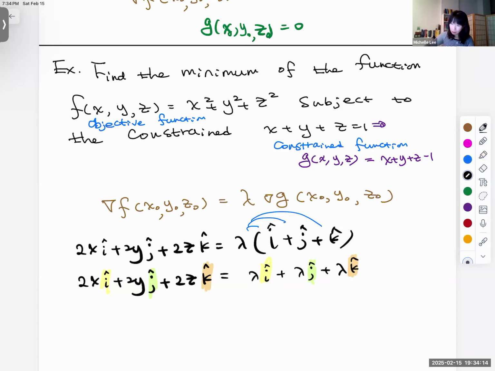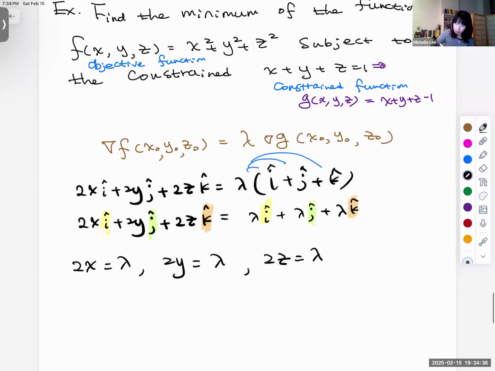Now that is 2x equal to lambda, 2y equal to lambda, and 2z equal to lambda. So like earlier, lambda equal to lambda, but we have three variables, lambda equal to lambda equal to lambda.